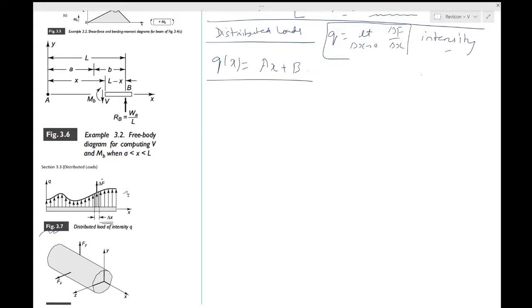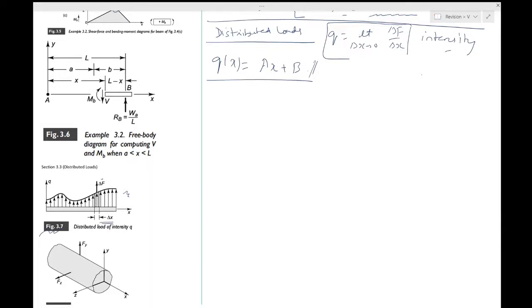If you want to bury something deep into the ground, build a tunnel, or for any mining purposes, you have to go down, and the pressure there will be much higher, but the overall behavior will be a linear pressure behavior. This is how most applications are. However, they won't be limited to this, but this is how it can be taken for simplicity. It can be as complicated as it gets, but mathematically you have the tools to solve it.